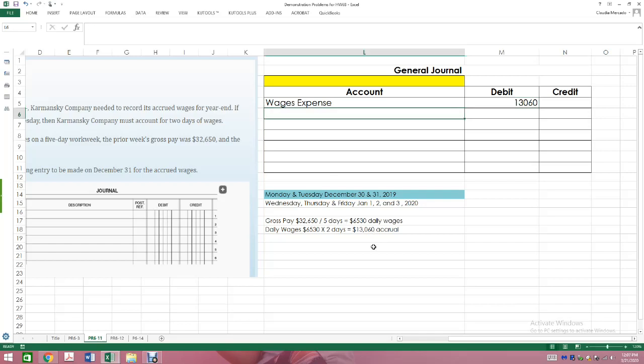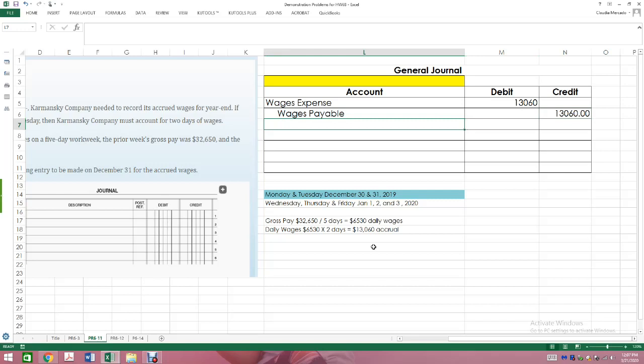That's for 2 days. And I'm going to put that into a payable account. So I'm setting $13,060 aside for when we pay our employees for Monday and Tuesday the following week.